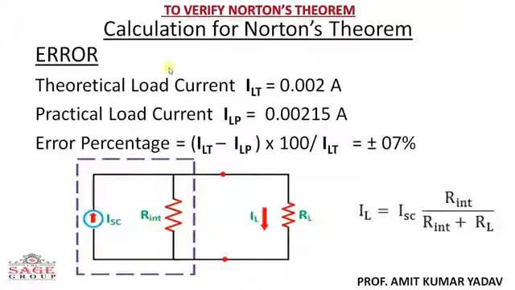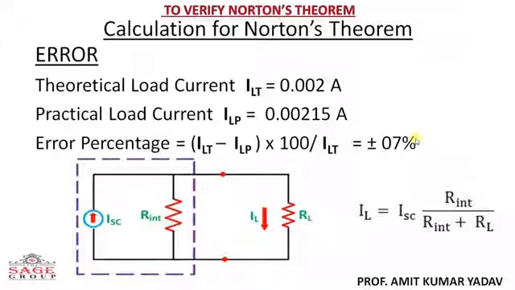Now in this part we are going to check how much error there is between theoretical and practical. Theoretical load current is 2 milliampere and practical load current is approx 2.15 milliampere. For calculating the error percentage I have used this formula and it comes around 7%. So the question is why this error occurs?